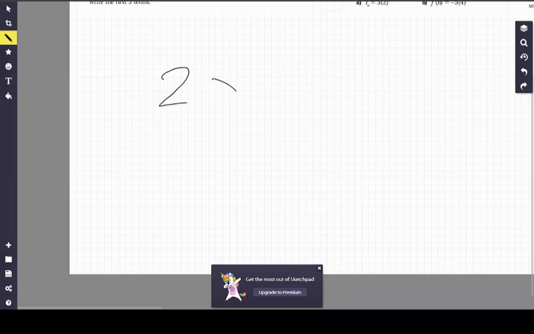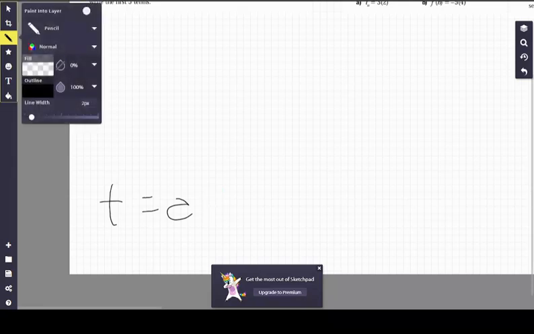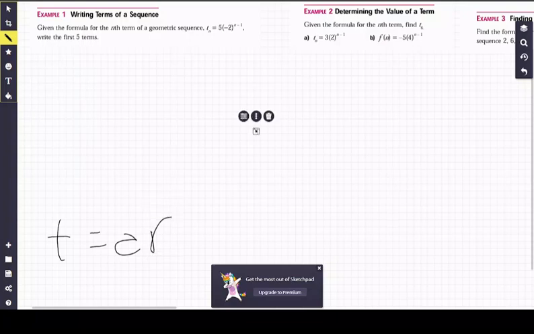Alright, so the formula today is T_n equals a times r to the n minus 1.